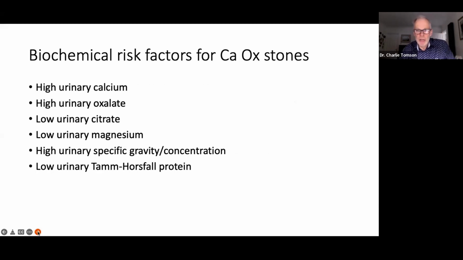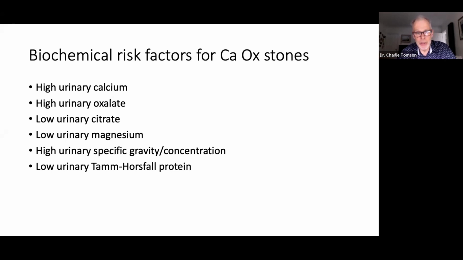The biochemical risk factors for calcium oxalate stone formation are a high urine calcium and a high urine oxalate. That's fairly obvious. The more of those two ionic constituents that are present in urine in high concentration, the more likely crystals are to form, grow, and turn into stones. Citrate reduces the bioavailability of calcium, and therefore a low urinary citrate increases the amount of calcium available for crystallization.